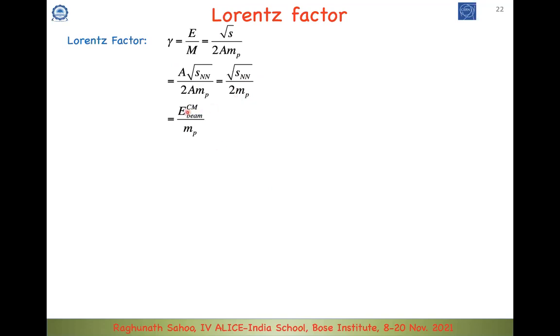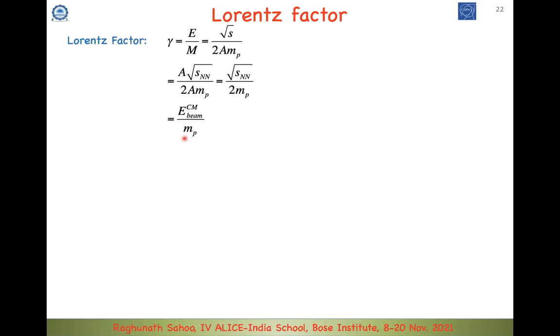So if I put that, I will find that the gamma factor is nothing but E, the center of mass beam energy, divided by MP. And since all will be in the same units, for example, if I am using GeV units, MP is like 1 GeV, and your gamma, just to have a physical feeling, is nothing but the beam energy in the center of mass.